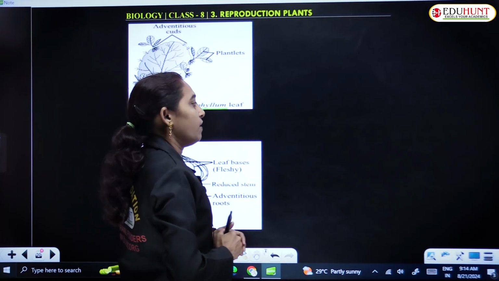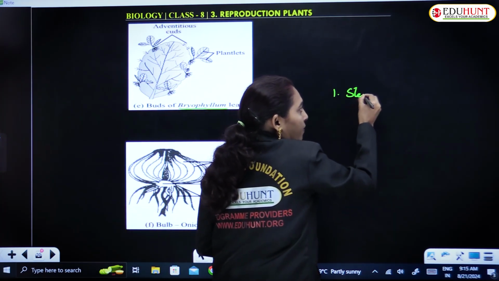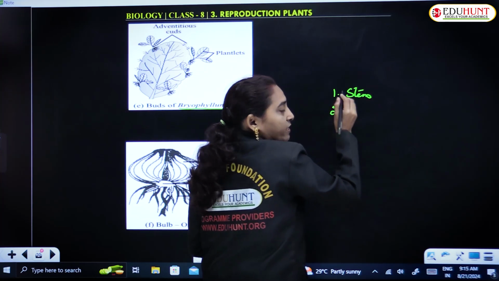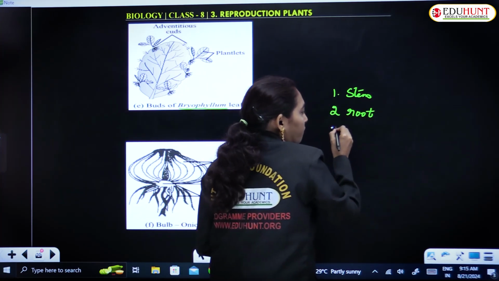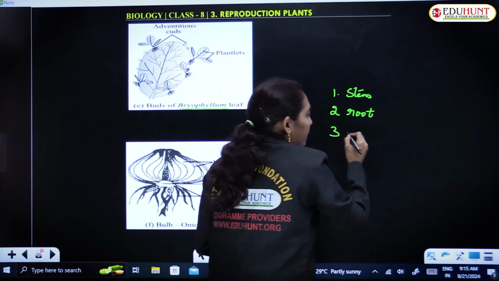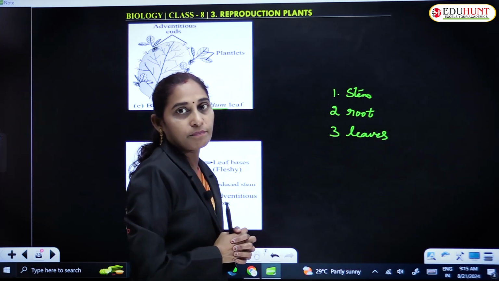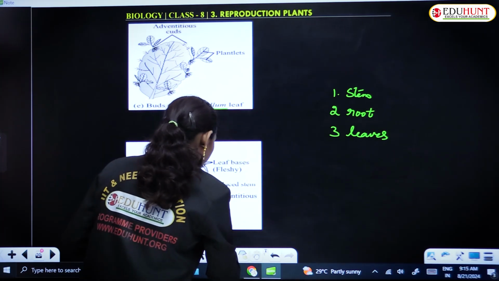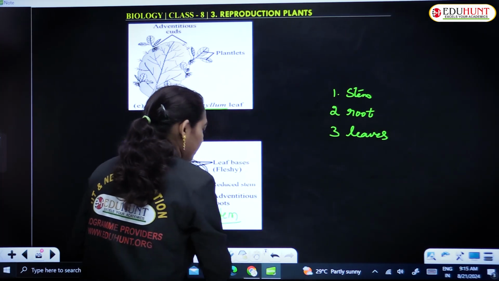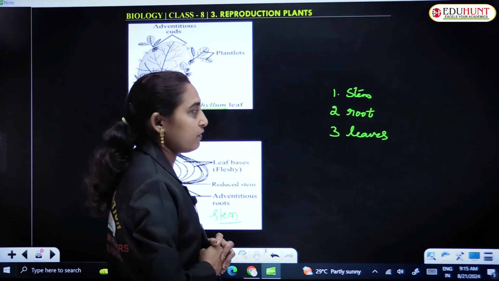We have seen vegetative propagation through stem, vegetative propagation through root, vegetative propagation by leaves. We have given examples for each one of these. Bulb is a stem, an underground stem, which will give rise to a new individual.